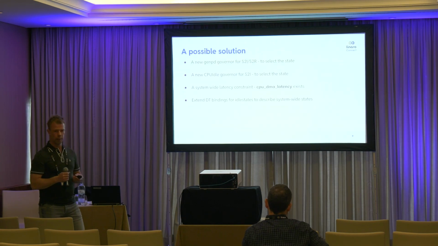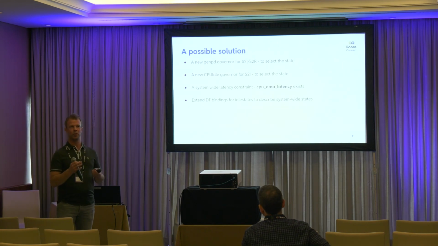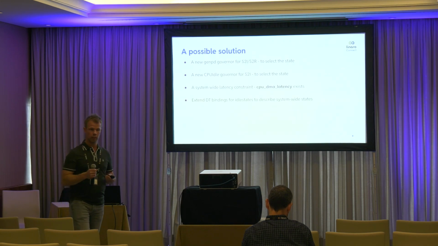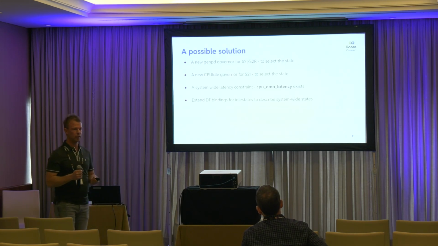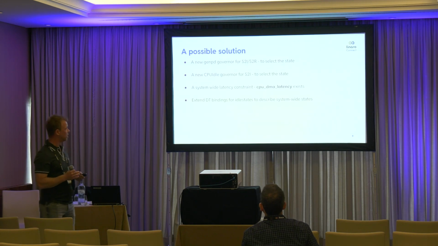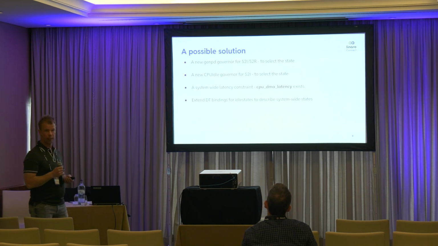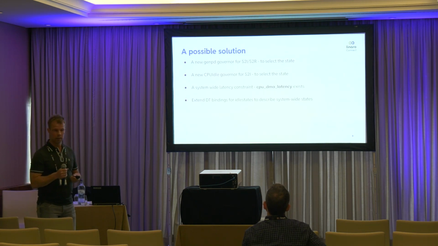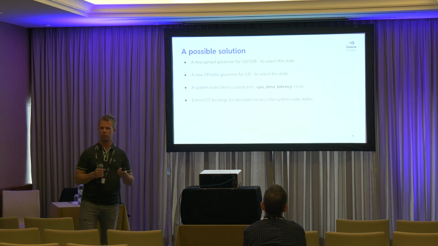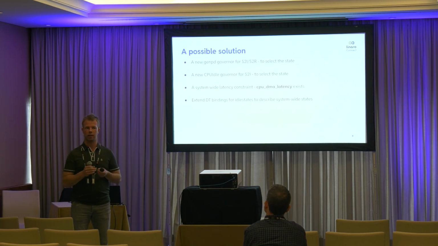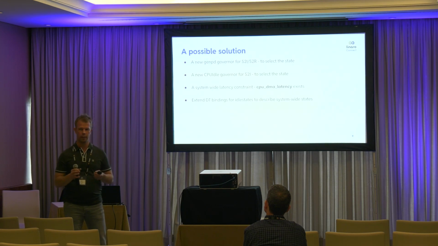The other thing we need is for user space to be able to specify this system-wide latency constraint. What we already have today is something called CPU DMA latency. That's an interface already available for user space, where it can specify a system-wide latency constraint.